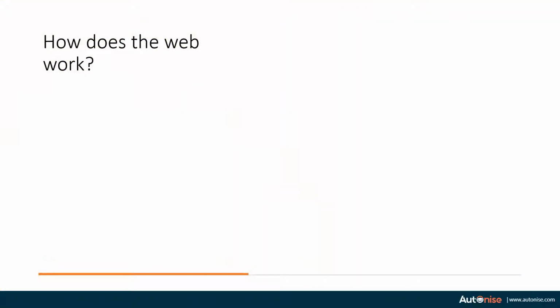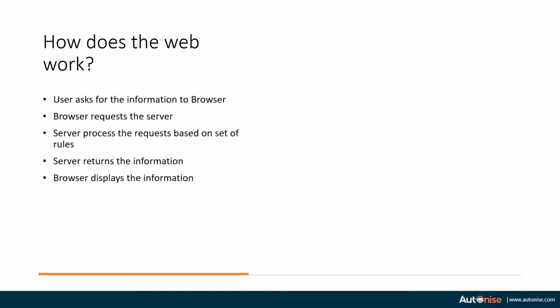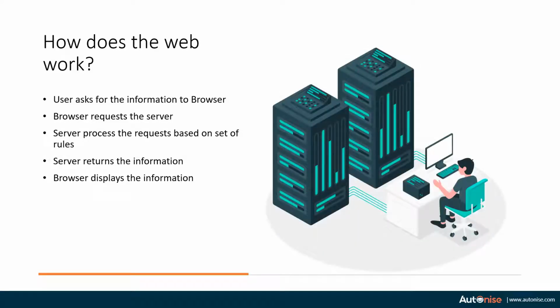So let us understand how exactly does the web work. So first of all, the user asks for the information to the browser. So when you open a browser and you type a URL, you are requesting some information from the browser. Then the browser requests something from the server.